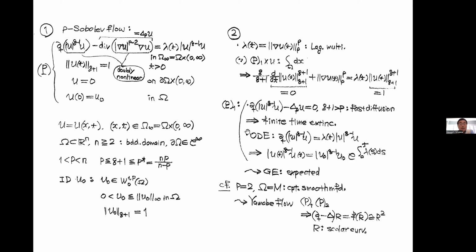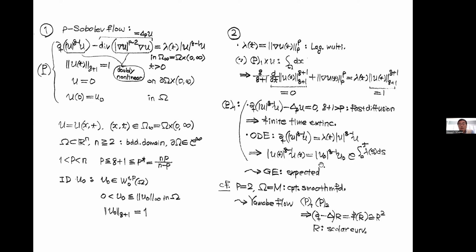And next we look at the ODE part. So formally removing the second term in the left-hand side, we get this ODE equation. We can see the power nonlinearity is the same on both sides. So of course, this solution is given by such an exponential type function.